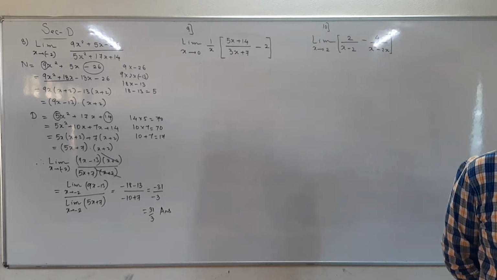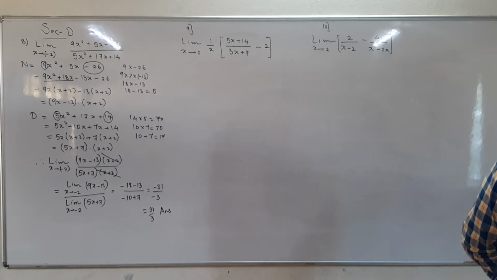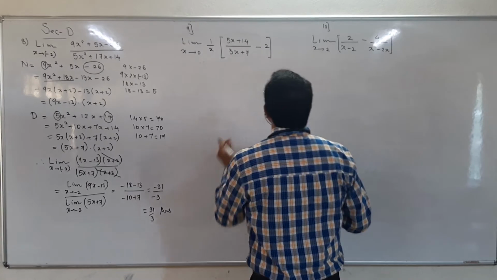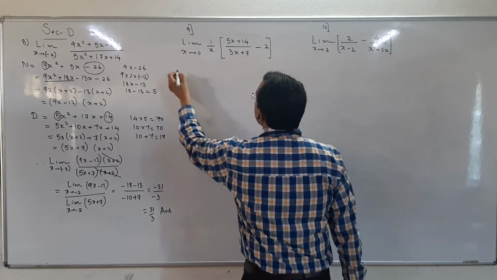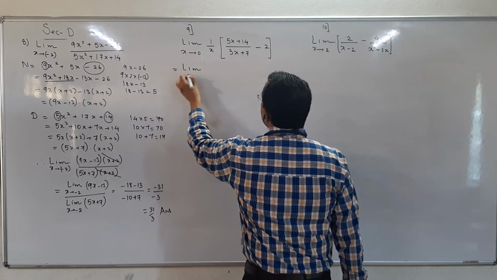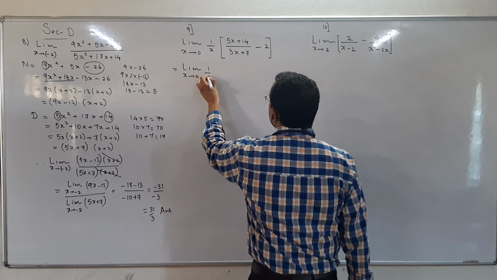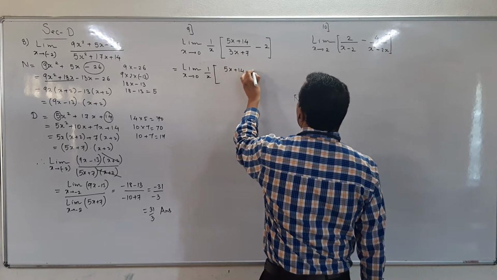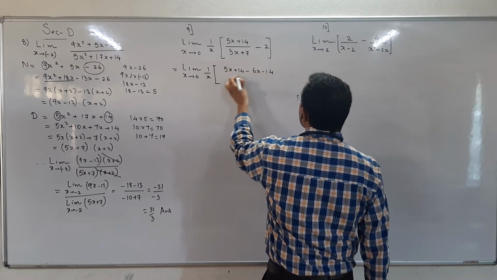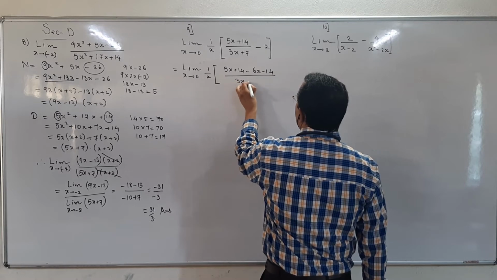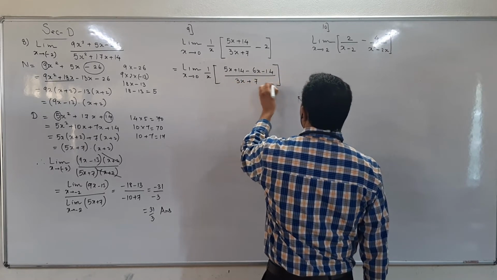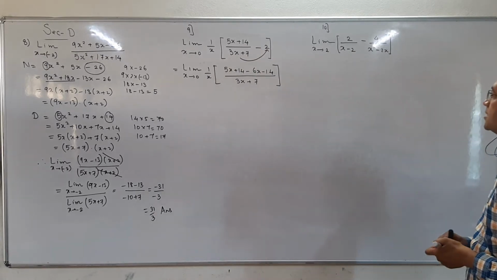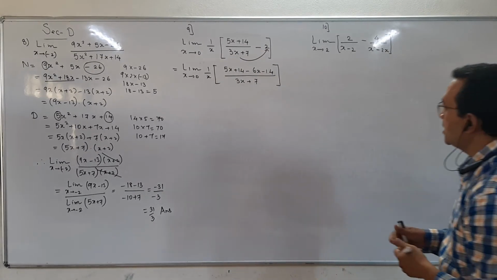The main part is to understand the concept of factorization. Here, students, you can take only the LCM within the bracket, keeping this 1 by x as it is. So if I take the LCM, this will be (5x + 14) minus 2(3x + 7), divided by (3x + 7). This term is multiplied here, and outside there is a negative sign.